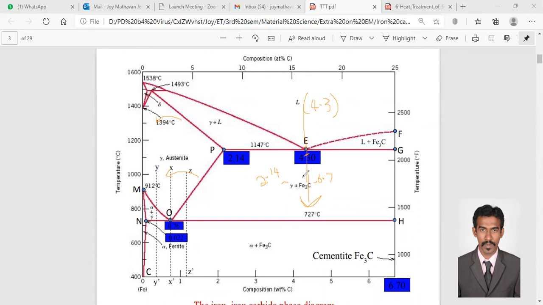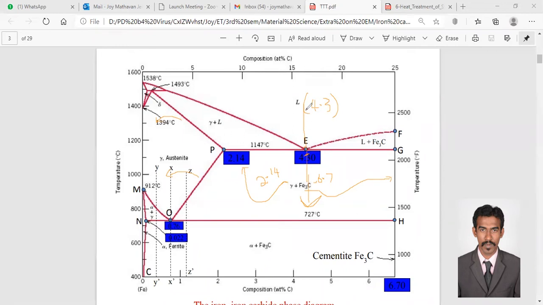Along this line, through this point only, gamma you see here is the 2.14% mixture. Similarly, Fe3C, that is cementite, is the 6.7% mixture. So those are the two borders for this reaction. At this point in this line, G and P are the two borders.